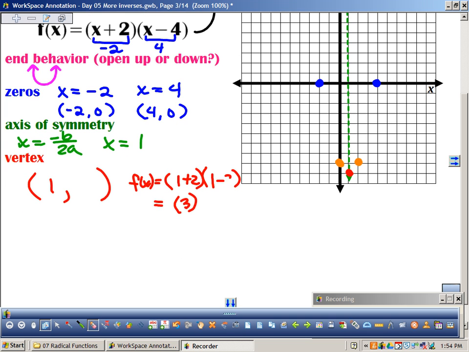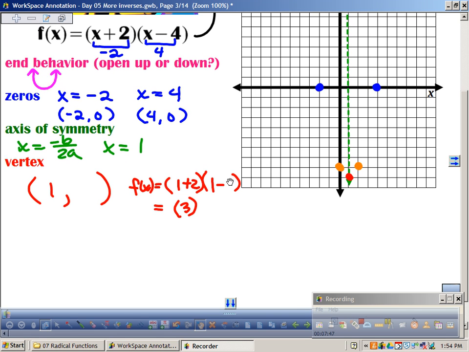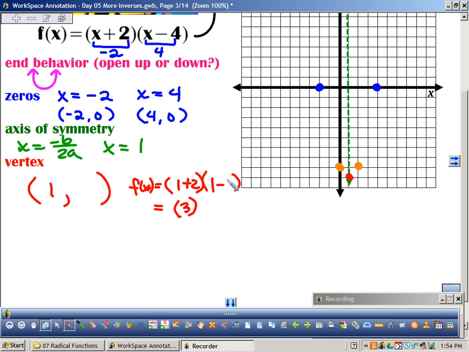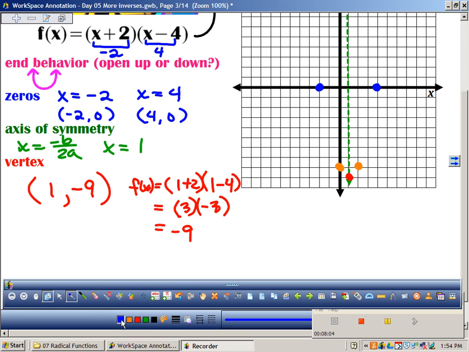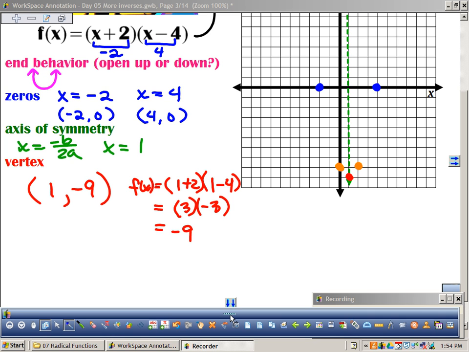I was answering my own question as I was doing it. Should be a 4. 3 times -3, which is -9. I just found the other part of the mystery, but I already knew it just by looking at it. Okay, so there's my beautiful graph. I knew all of that. Didn't you guys know a lot?